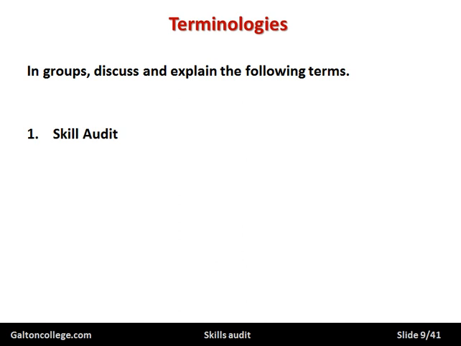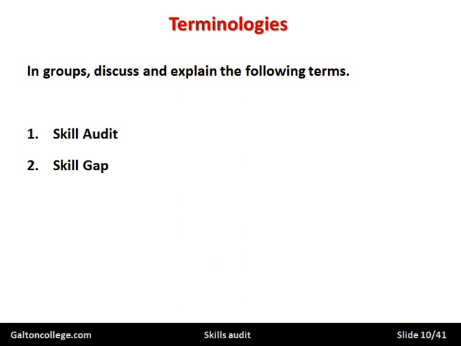So first of all, determine what is a skill gap, and conduct an audit into your own skills, let's say, and see what skills you've got in terms of, say, your communication skills, your numeracy skills, your computing skills.